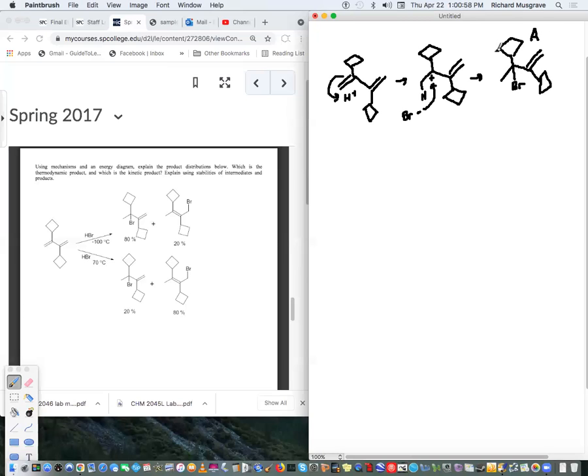That would be A. Specifically, this whole thing's pathway A. And then B. So this is a resonance situation.